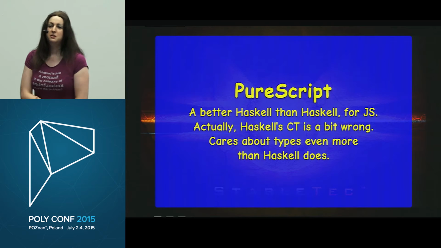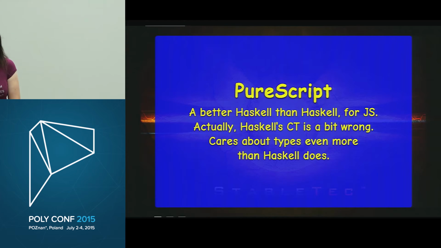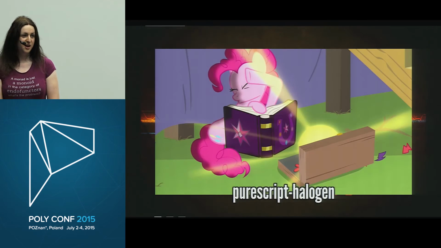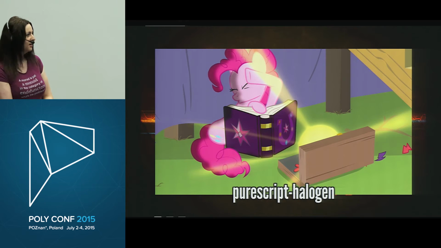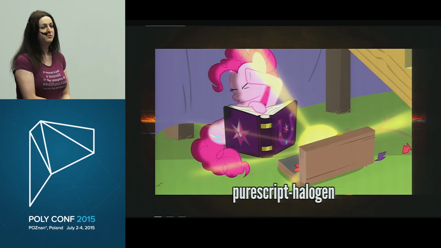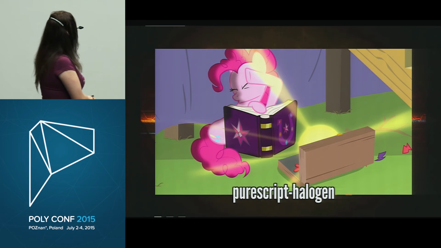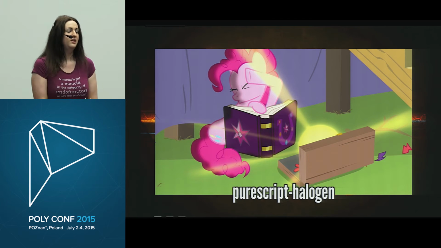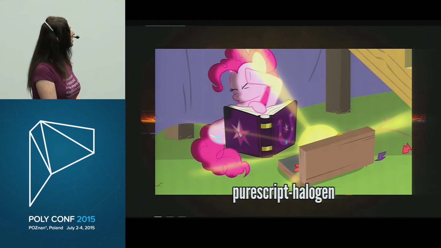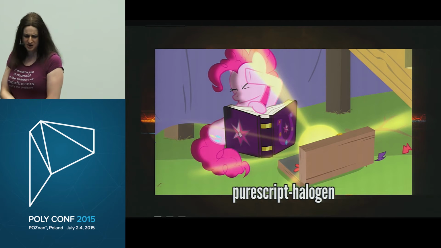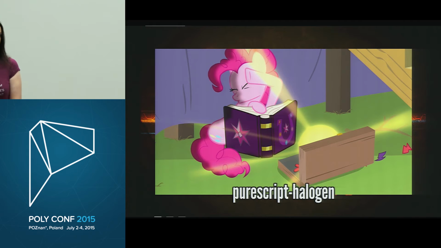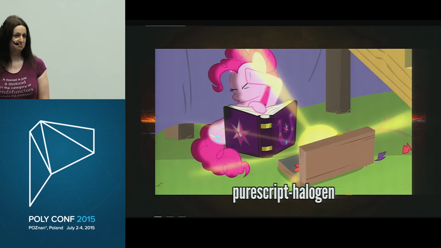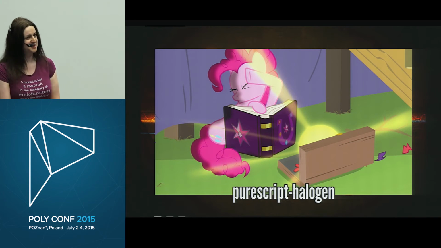I'd like to show you Halogen, which is our latest attempt at building a UI library for PureScript, which takes some steps further than Elm does. It cares more about types, as I mentioned. Essentially the type signatures get fairly complex.